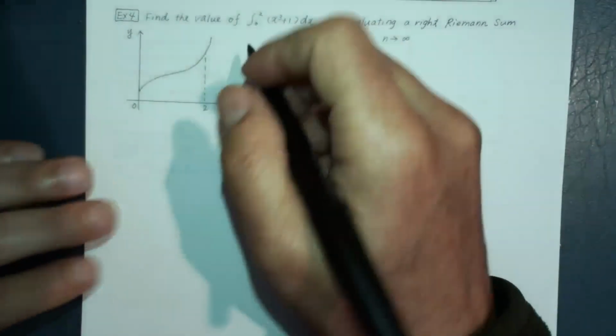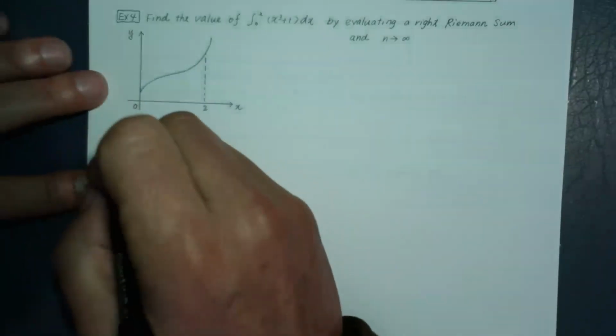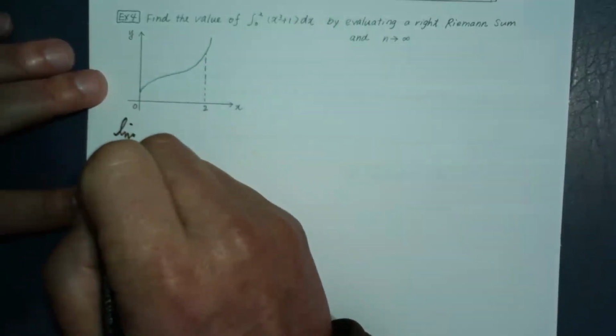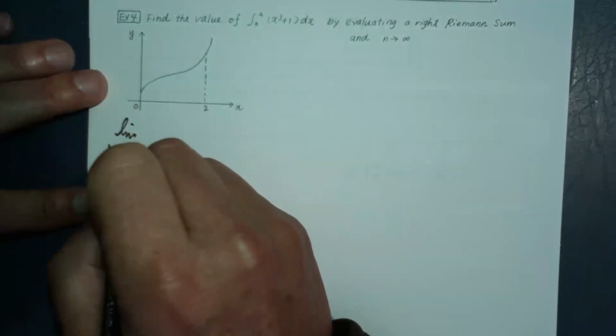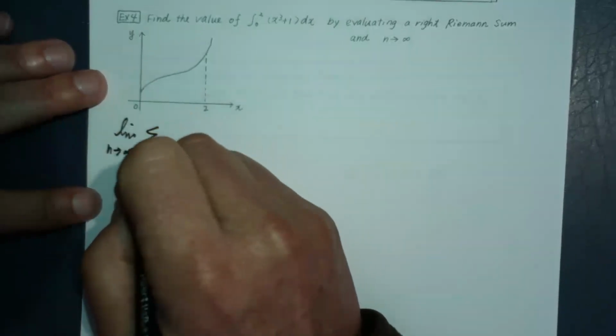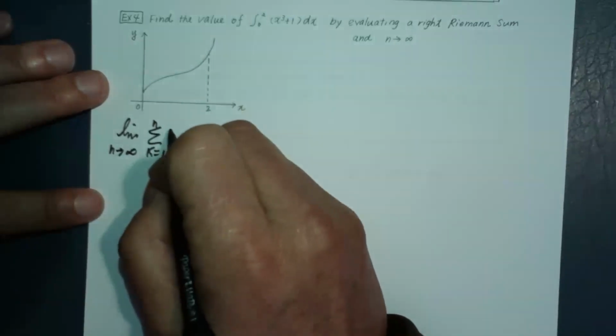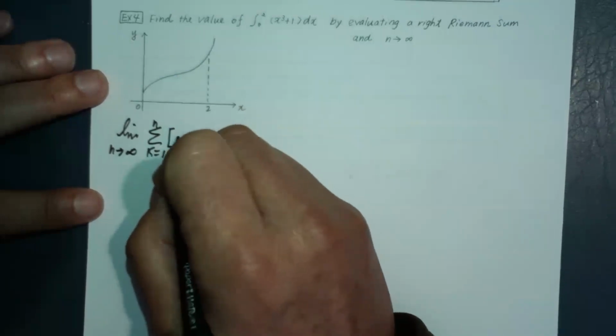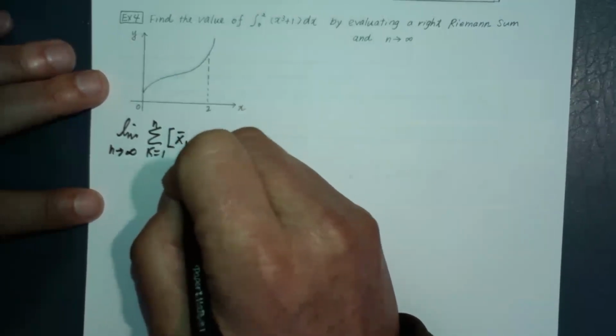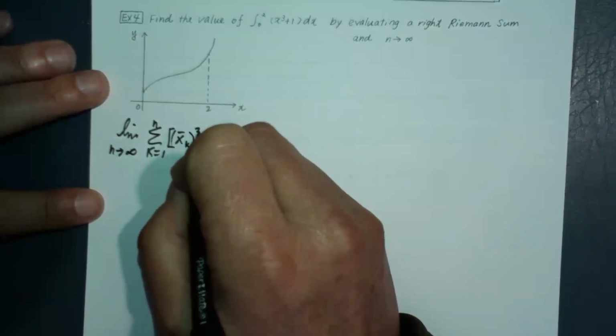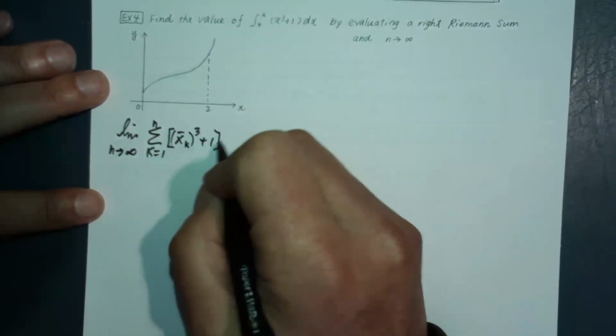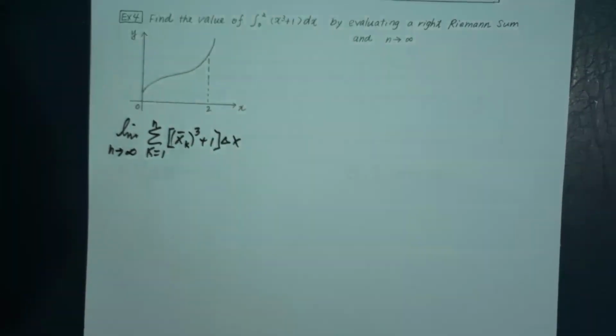So basically what we're going to do is take the limit as n approaches infinity of the summation k equals 1 to n of x bar sub k cubed plus 1 times delta x.